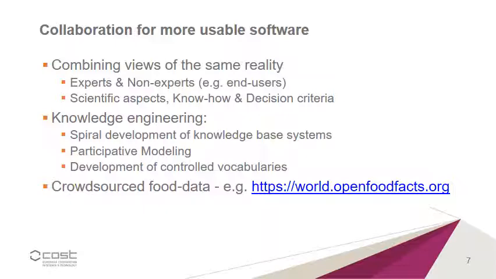Another point, which also originates from knowledge engineering, is participative modeling, such as argumentation modeling. In this case, the objective is to have the different views of the same reality combined in a single and unique model. It's quite interesting, and it's quite used in environmental science, for example.